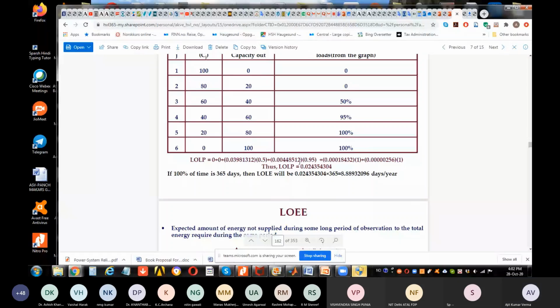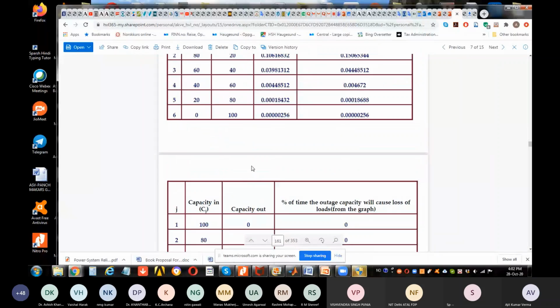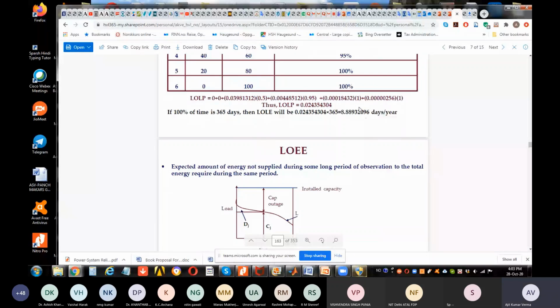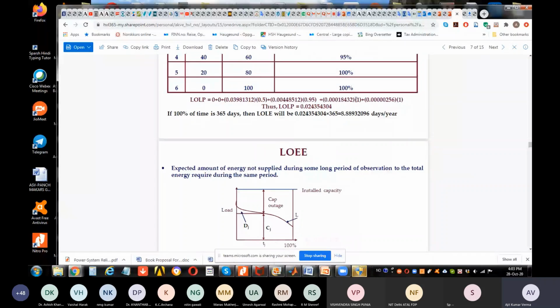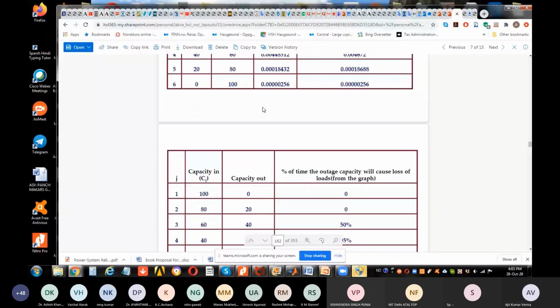You remember? 0.448512. This is a probability, and this is 95%. So the two get multiplied. And then the probability of getting state 20, 0.001842, and then 100% of the time. And then the probability of getting 0 is this, and that's also 100% of the time.